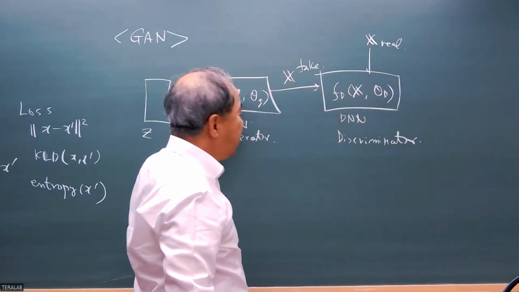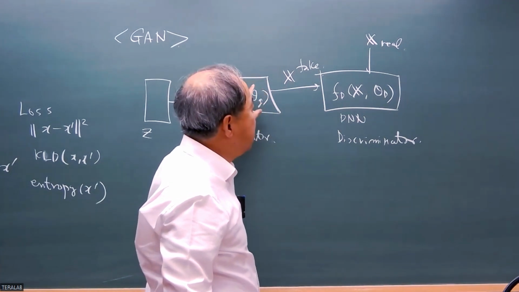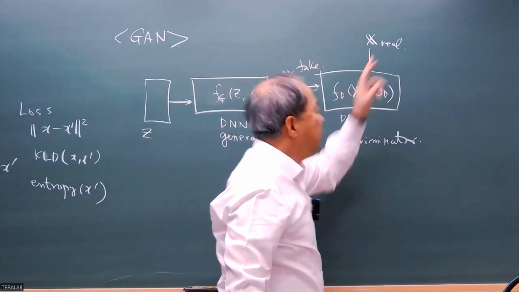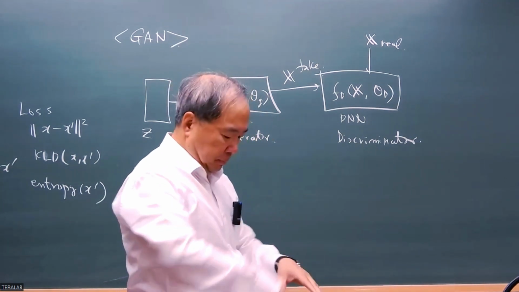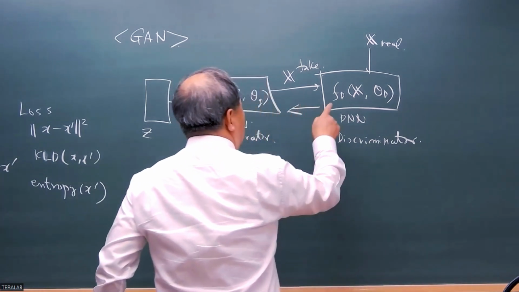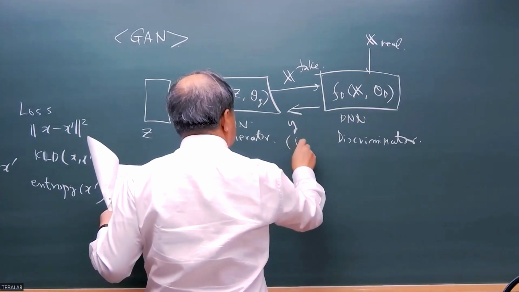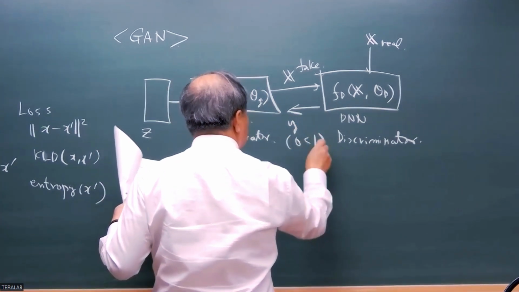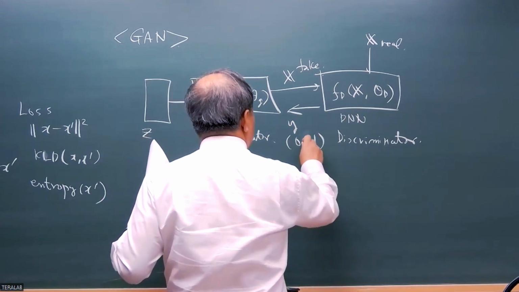Let's assume that this generator is trying to make an image that is very similar to Picasso drawing images. And then the output of this discriminator will be Y, which is between 0 and 1.